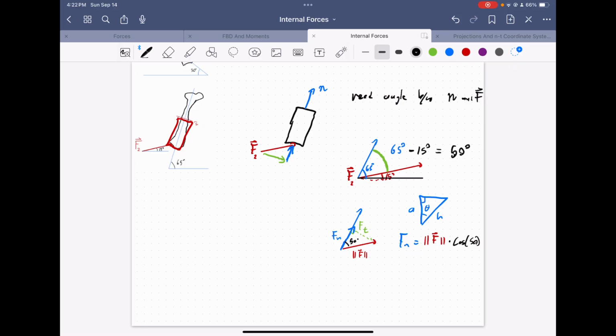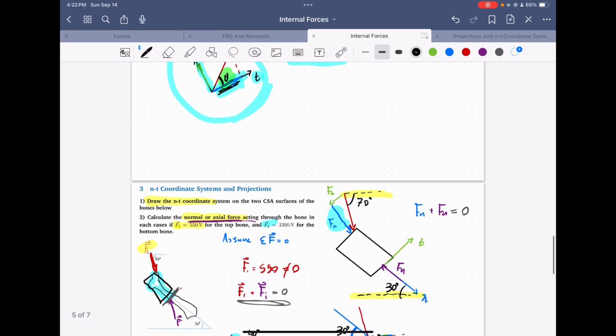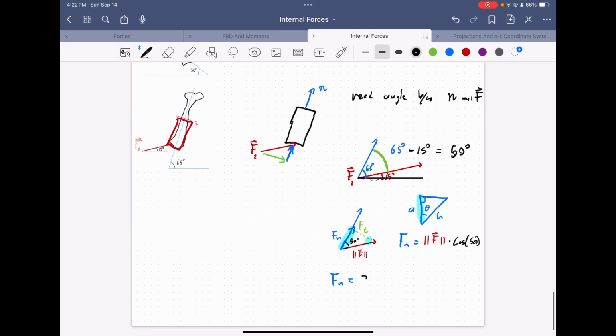Because we want that adjacent side right here. If we were given another angle on the other side, we could use sine, but in this case, we are not. So we have that Fn equals 3,300 newtons times cos 50.